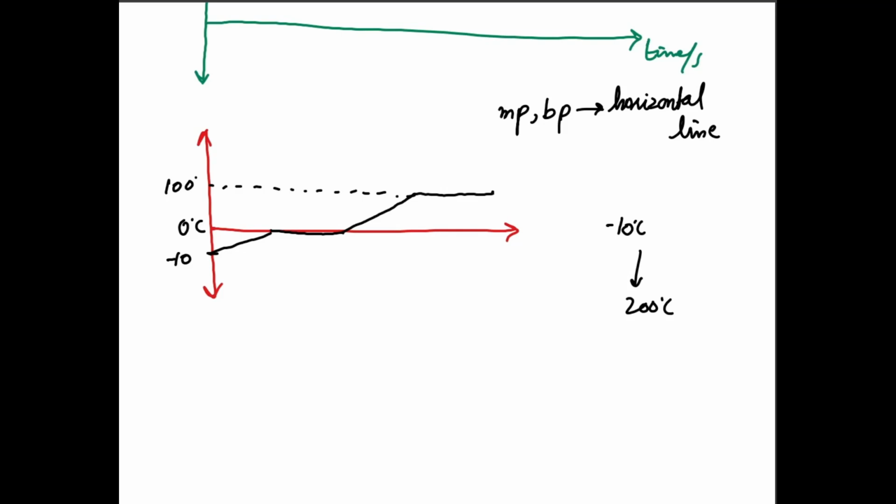Once every liquid molecule has converted into gas, which means every bond has been broken, if you keep on providing energy, the temperature keeps rising up to the final temperature you want your scenario to go to. So this point will be 200 degrees centigrade.